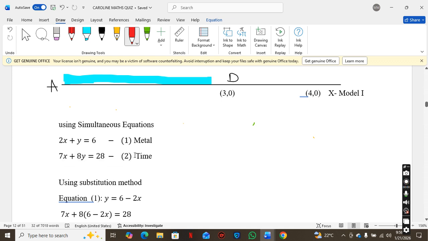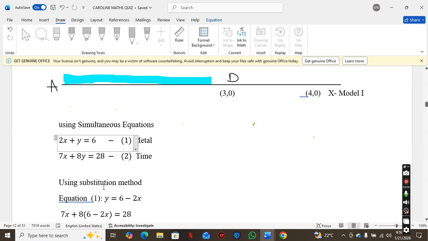You can use the elimination method, you can use the substitution method. Here I'll use the substitution method. Why? Because there is a y variable by itself, so I can easily make y the subject of the formula. If you see a letter by itself, it's best to use the substitution method, to be easier for you.